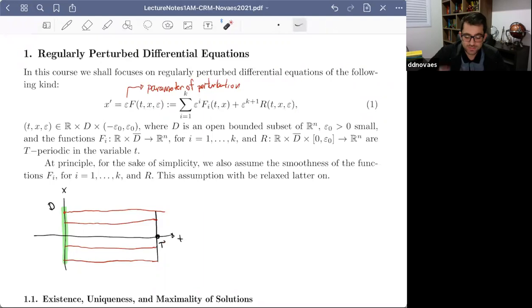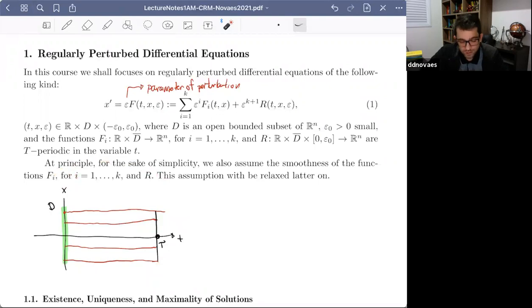So the main goal of this course is to explore conditions on the perturbation in order that some of these periodic solutions persist as periodic solutions when epsilon is different from 0 but small. We have for the unperturbed system all the solutions periodic.